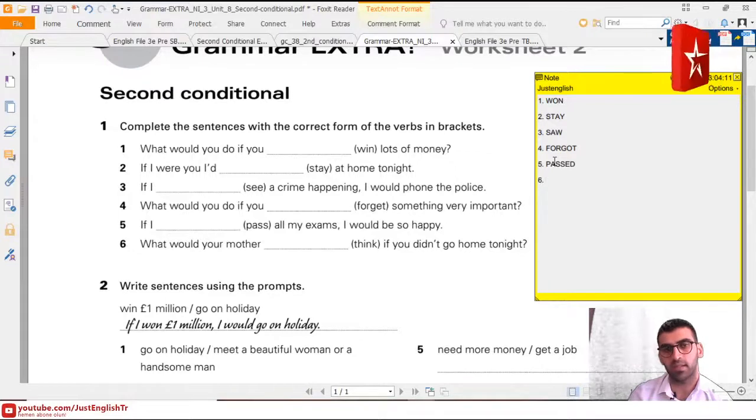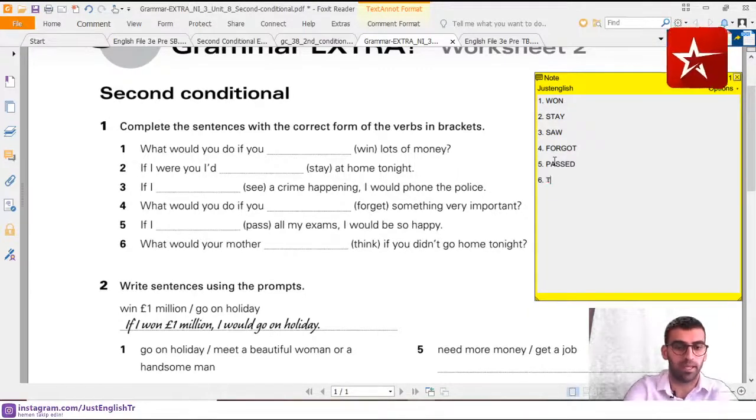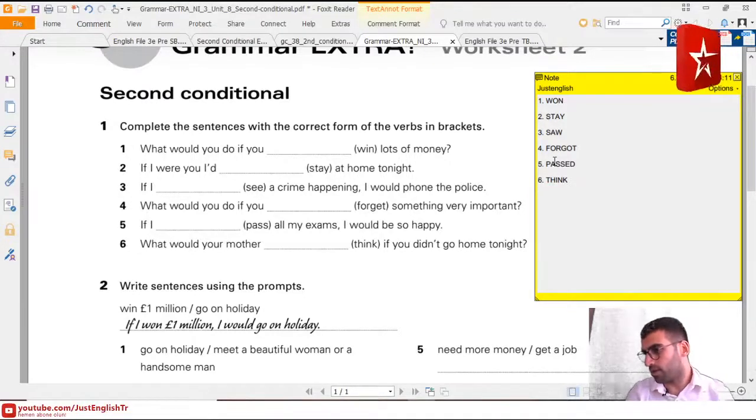If it's a main clause, we have to use the first form of the verb. If you didn't go home tonight, what would your mother think?